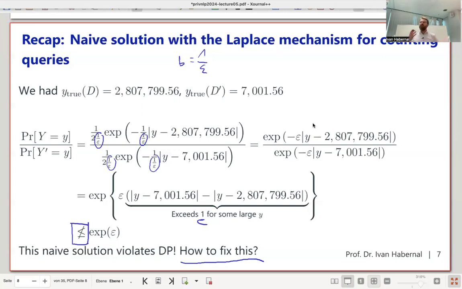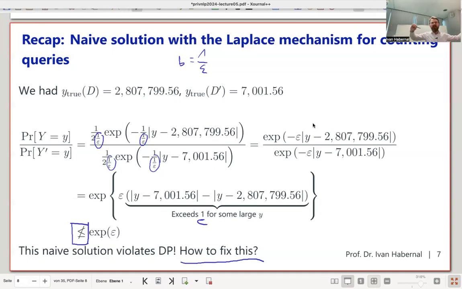Now think about it. We are controlling the scale of the Laplace distribution. The scale controls the spread of the Laplace distribution. So if the scale is larger, we have more spread, almost uniform distributions, which means the two distributions at two different points will tend to look similar as we stretch the distributions.